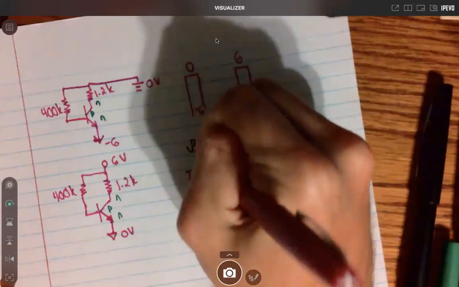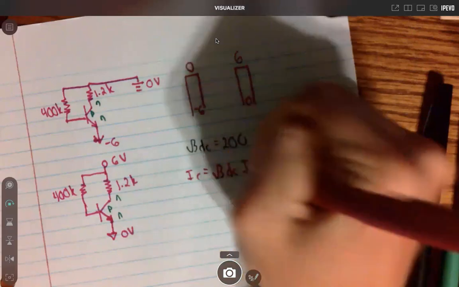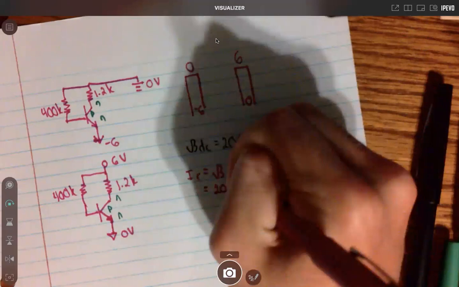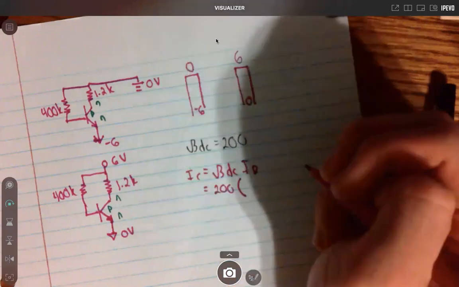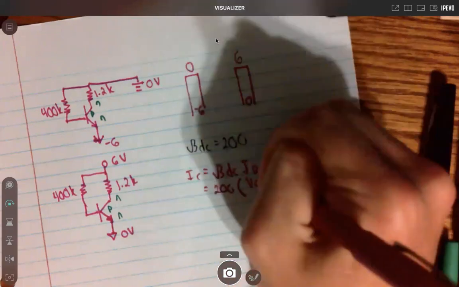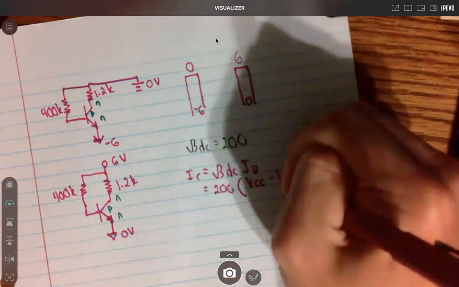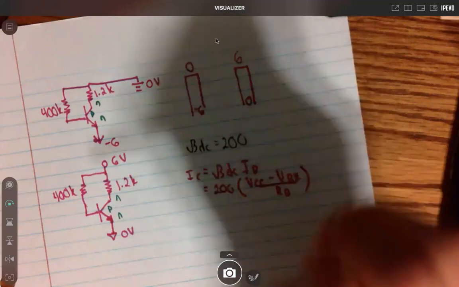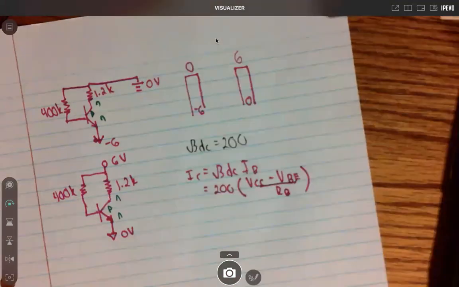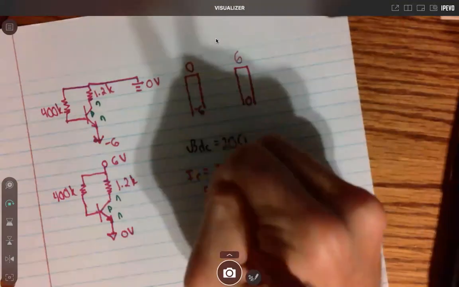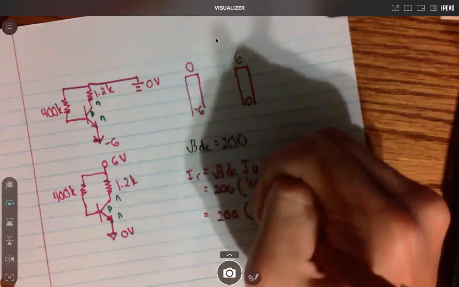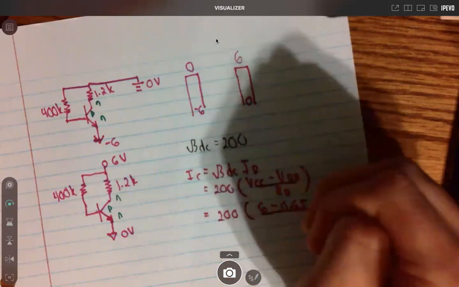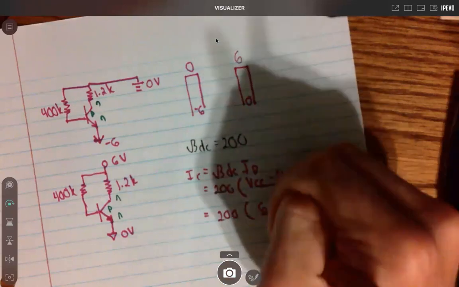beta DC times IB. So we know this is 200. To solve for IB, it's going to be VCC minus the base-emitter voltage, all over the resistance of the base. Voltage over resistance gives you current. So this will be 200 times (6 minus 0.65) all over the base resistance, which is 400K.